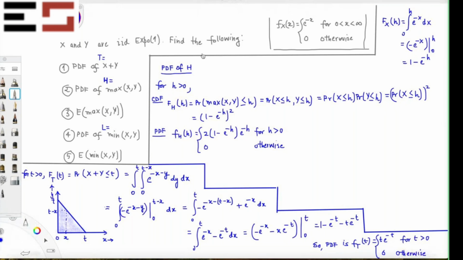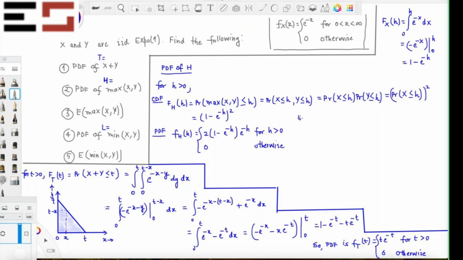And now you can figure out the expected value of H. So to find the expected value of H, you can just use the PDF, which is the integral from 0 to infinity of 2H e to the power minus H minus e to the power minus 2H dH, right?